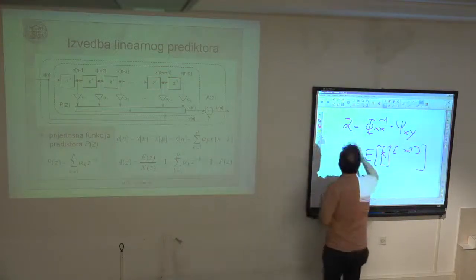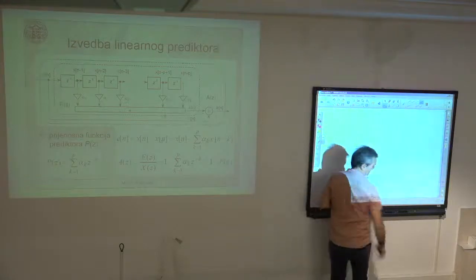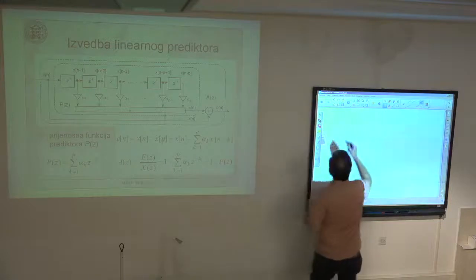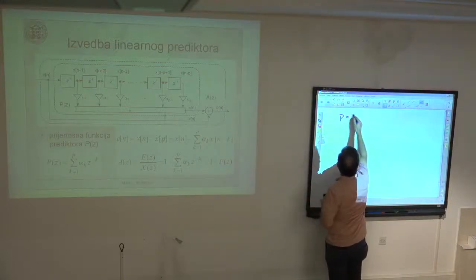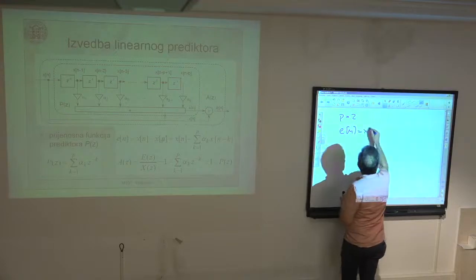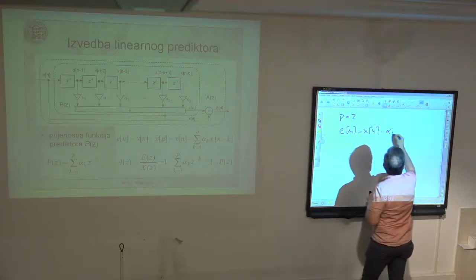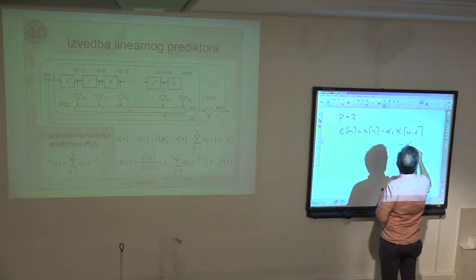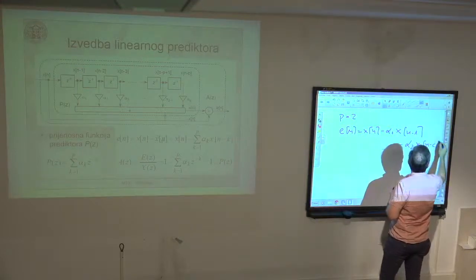So it is done according to the rules of z transformation, and this is, for example, if p would be equal to 2, then this e of n, the error, is x of n minus alpha 1 x of n minus 1 minus alpha 2 x of n minus 2.